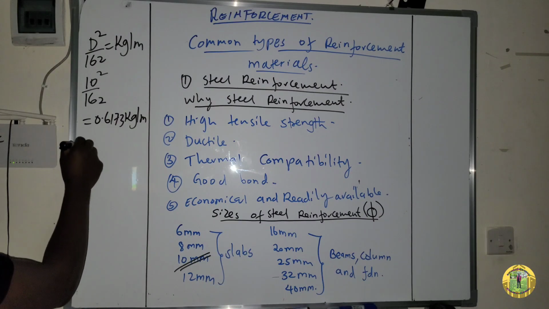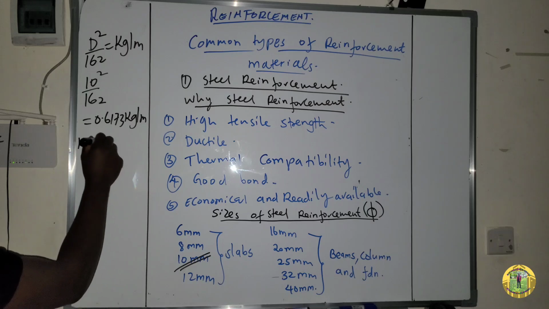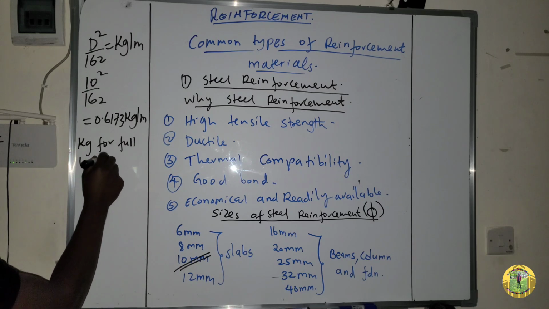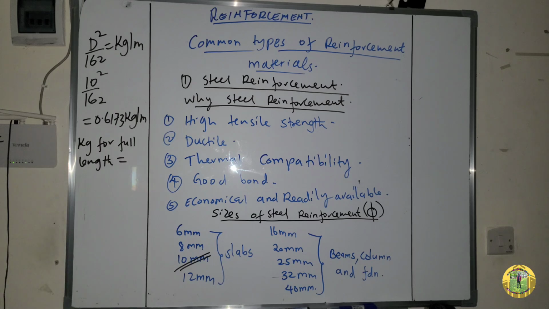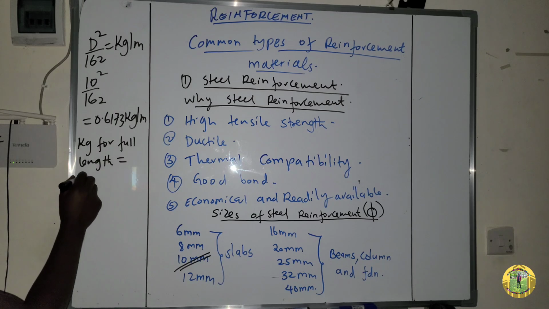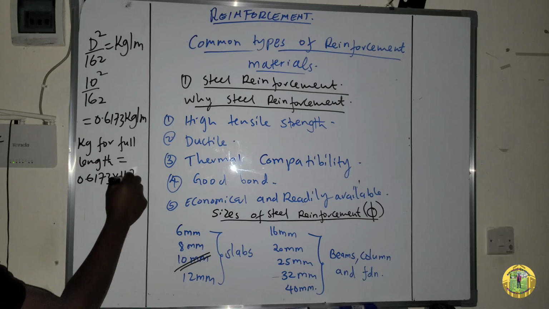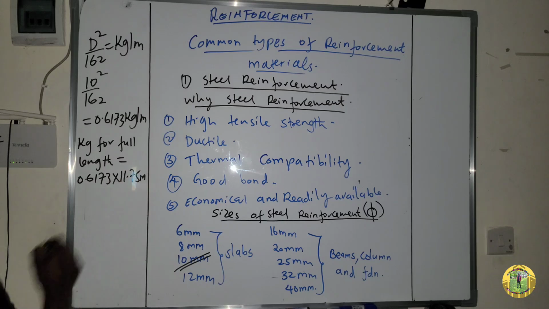So the kilogram for full length is equal to 0.6173 times 11.75 meters.